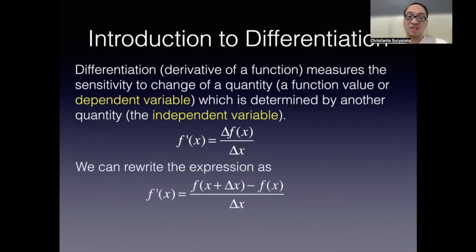We can replace the value of delta f(x) using the previous expressions. So the derivative f prime x equals f(x plus delta x) minus f(x) over delta x.